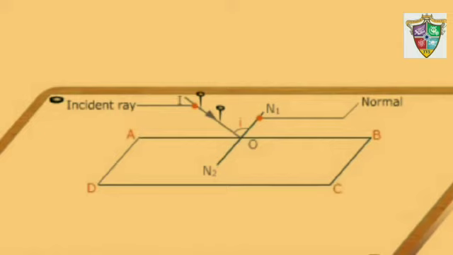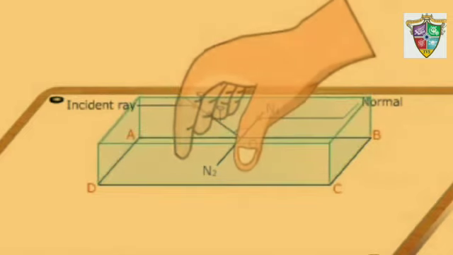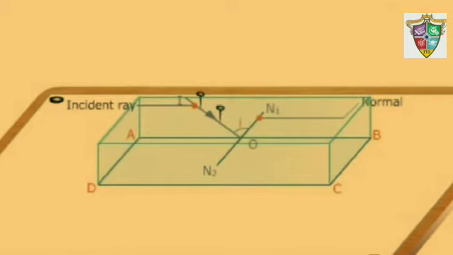Then we will put the glass slab on the boundaries ABCD. Seeing from the other surface of the glass slab CD, we will embed two pins in such a way that all the four pins lie in the same line.